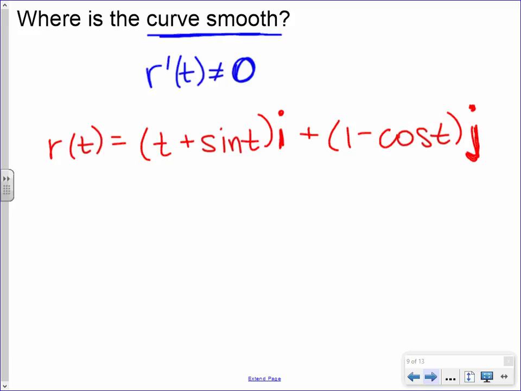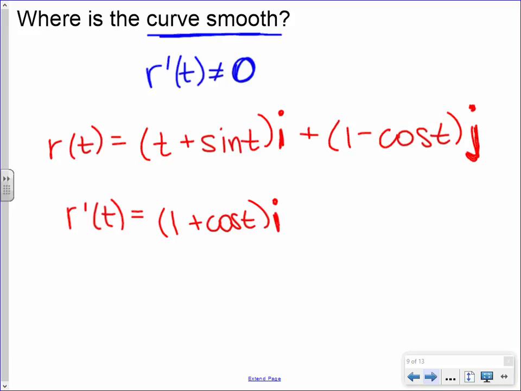Okay, so let's talk about r prime here. Bailey, what is the derivative of t plus sine t? 1 plus cos t. All right.